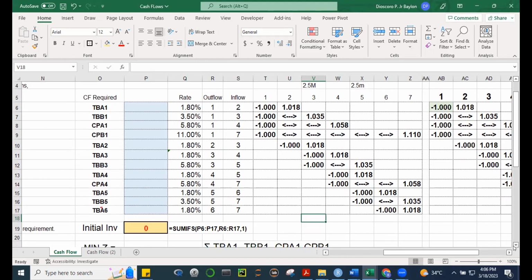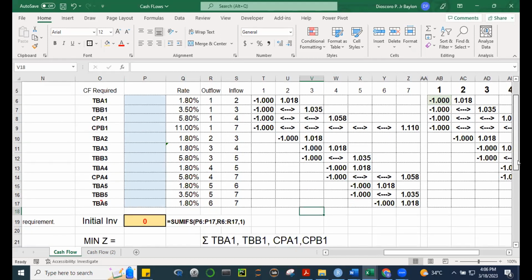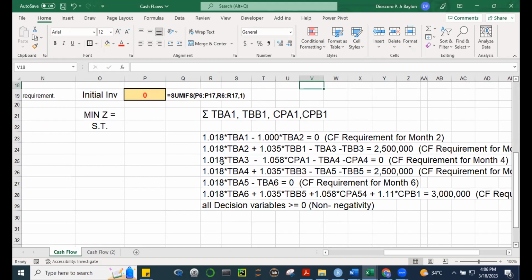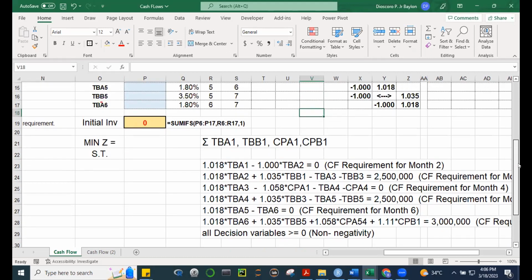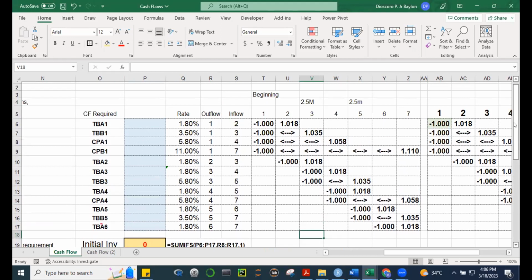So what's the best thing for us to do here? Any suggestion, class? Fastest way we can set up these constraints. So this is just the product of your factor and your decision variables, right? 1.018 times TBA1. So this is 1.018 times TBA1.